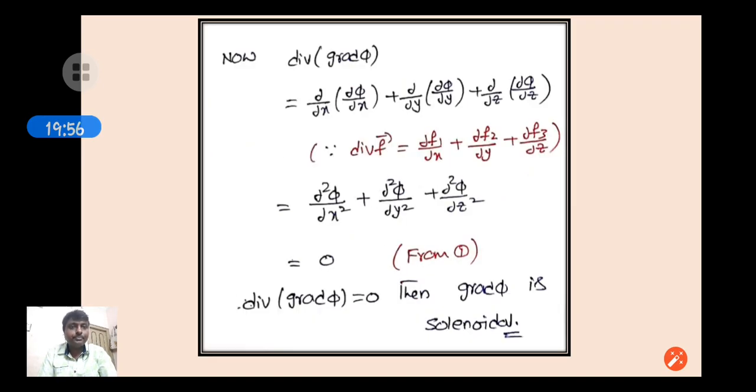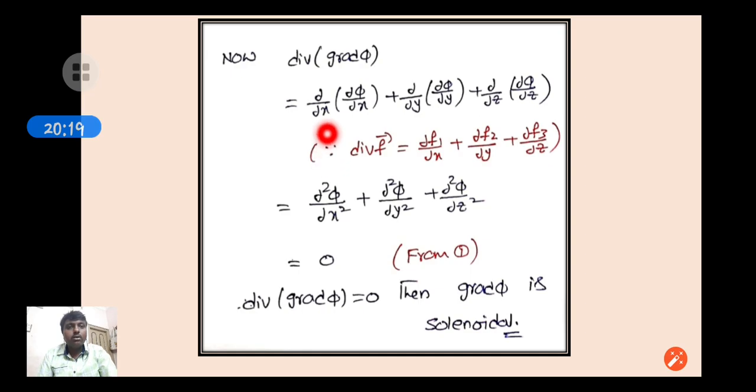For that del phi we calculate the divergence now. Divergence of grad phi: from the second definition of divergence, we know that del dot f bar is equal to dou f1 by dou x plus dou f2 by dou y plus dou f3 by dou z, component-wise partial derivatives with respect to x, y, z, and sum.